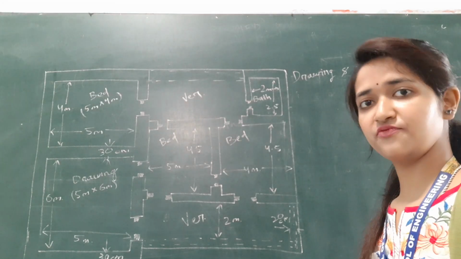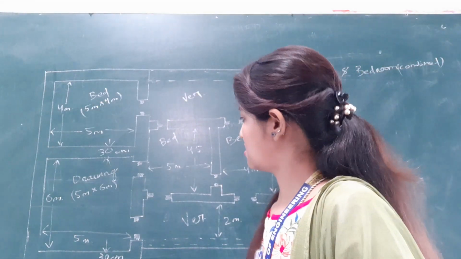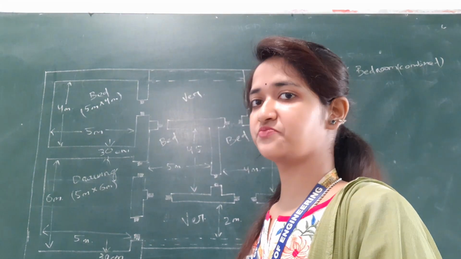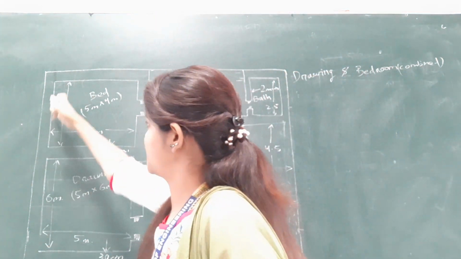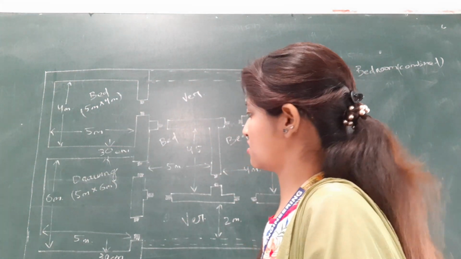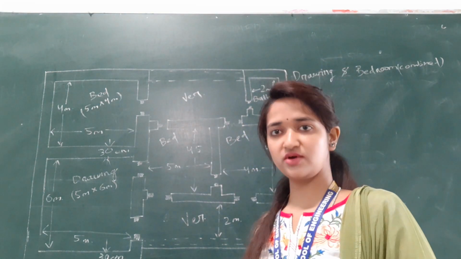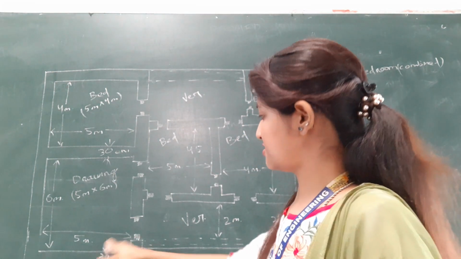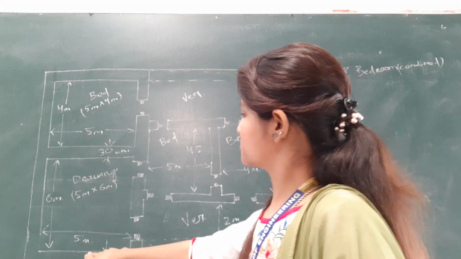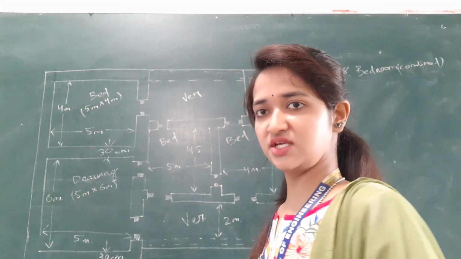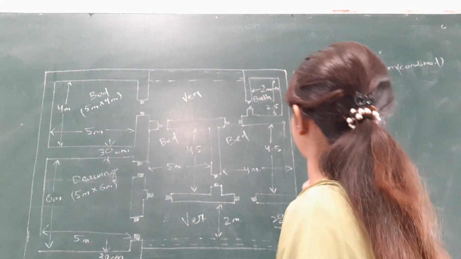See how many long walls there are. There are two long walls clearly shown in the figure. And how many short walls are there? 1, 2 and 3. There are 3 short walls.